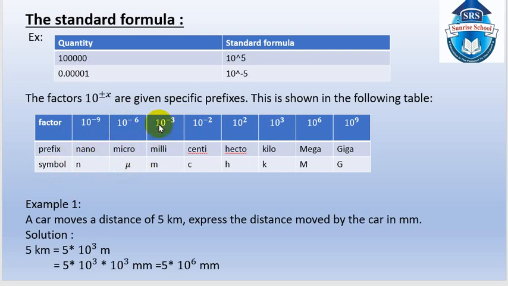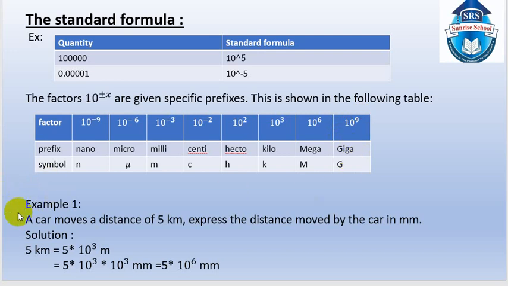The factor 10 power negative 3, milli, symbol m. 10 power negative 2, centi, c. 10 power 2, hecto, h. 10 power 3, kilo, k. 10 power 6, mega, and 10 power 9, giga.